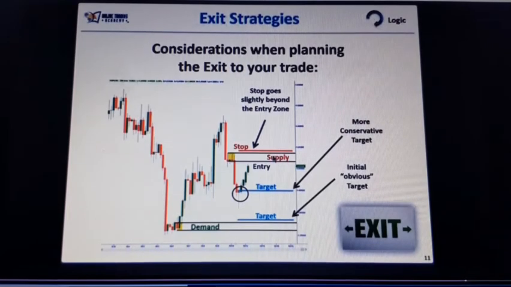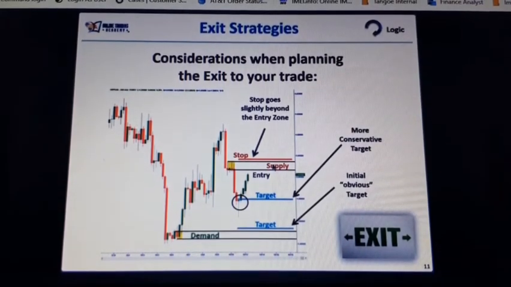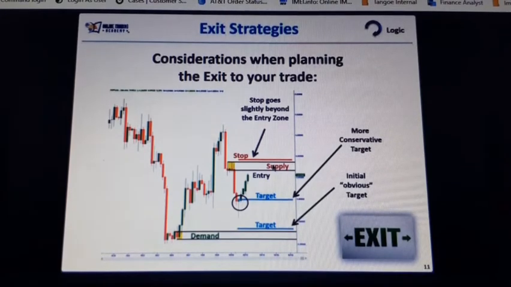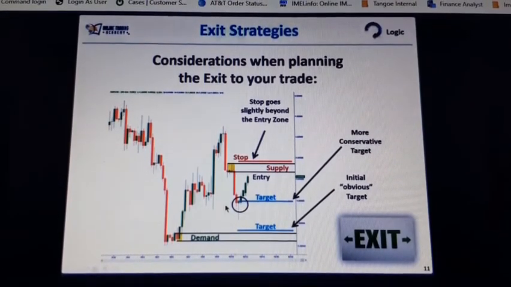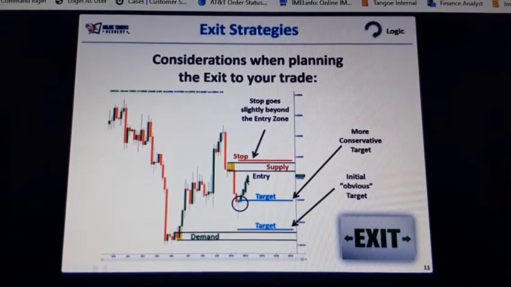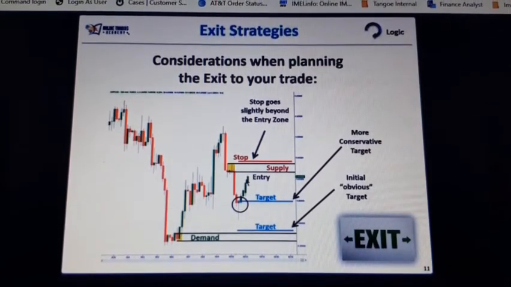You can plan targets mechanically, 2:1. But always remember, Ashu, let's suppose I have an opposing level of demand very close to the supply zone, which is not giving me 2:1 either, then I will skip that trade because it's not offering me 2:1. So why will I go for it?